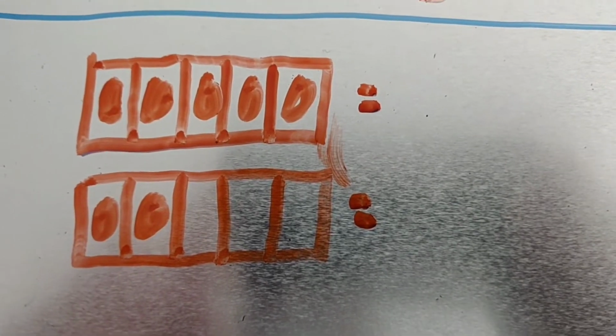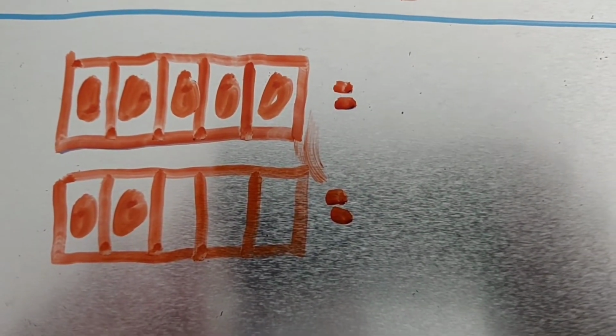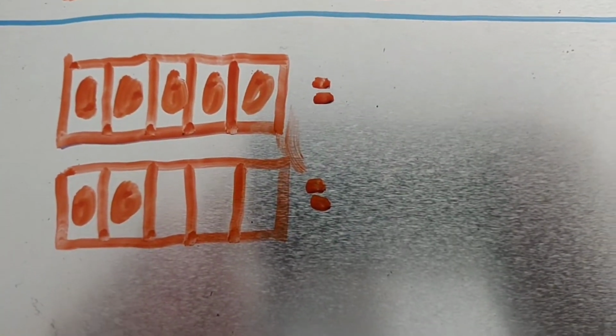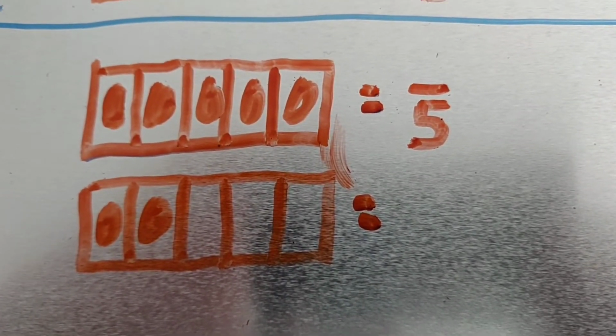So let's take that top model, and first I want to write the denominator. So how many equal parts is that top model divided into? That's going to be our denominator. And that's right, it's divided into 5 equal parts.